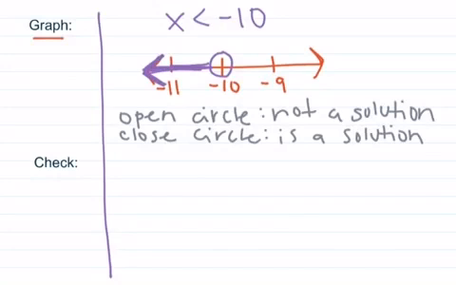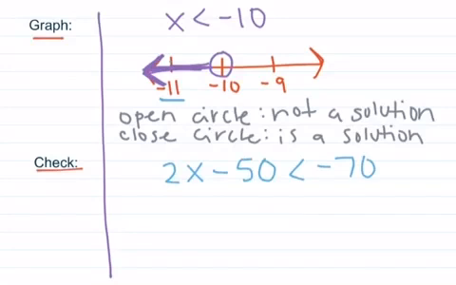Now I'm going to check to see if I completed this correctly. I'm going to choose a value that I shaded. I shaded over negative 11, so I'm going to choose that for my x. My original inequality was 2x minus 50 is less than negative 70.